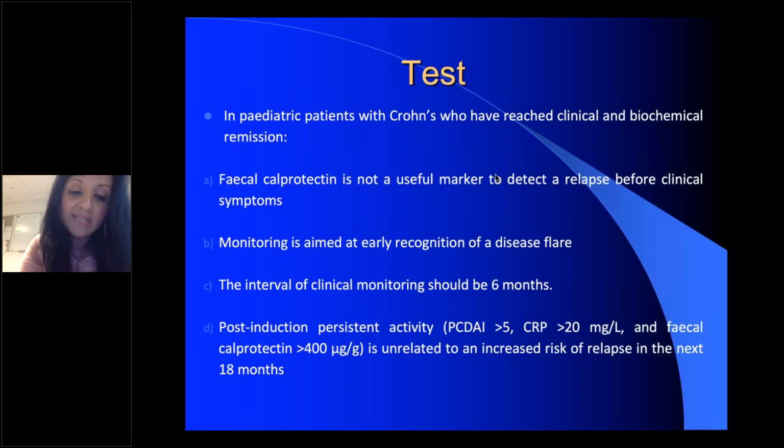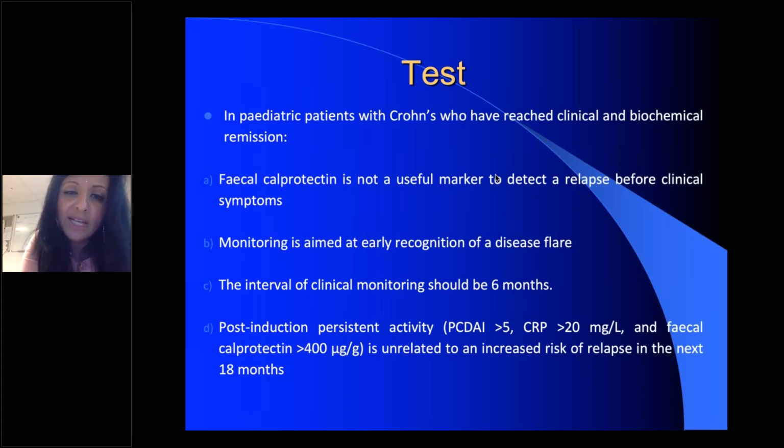Or D, post-induction, a PCDAI of more than 5, CRP of more than 20, and fecal calprotectin of more than 400 is unrelated to an increased risk of relapse. So again, you know that the answer here is B, monitoring is aimed at early recognition of a disease flare. There is no such thing as interval monitoring of 6 months. We monitor patients regularly depending on their symptoms, and we see them regularly in clinic.